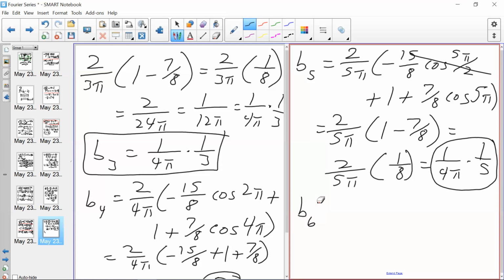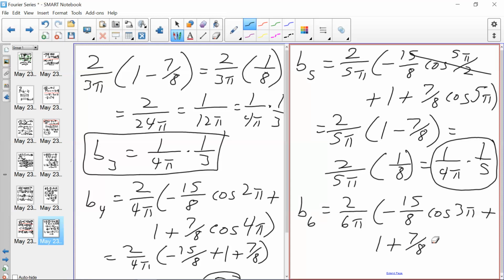So B6, 2 over 6 pi, negative 15 over 8 cosine 3 pi, plus 1 plus 7/8 cosine of 6 pi.